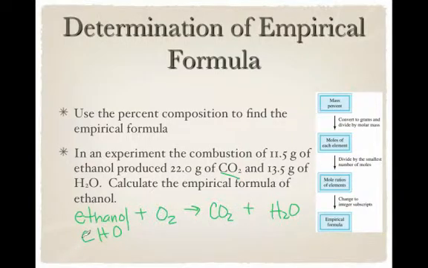So if we can figure out how much carbon and hydrogen are here, we could then calculate how much oxygen is in ethanol. So how much carbon is in carbon dioxide? 22 grams of carbon dioxide.